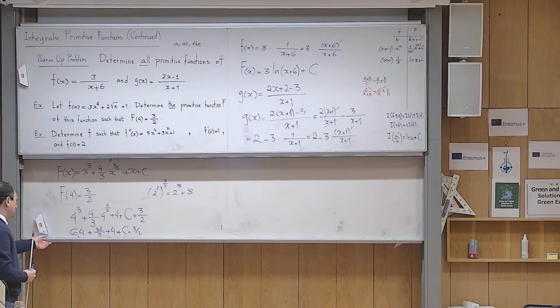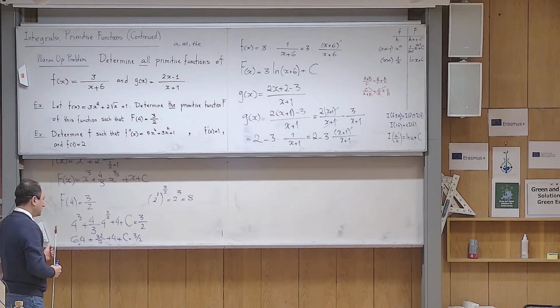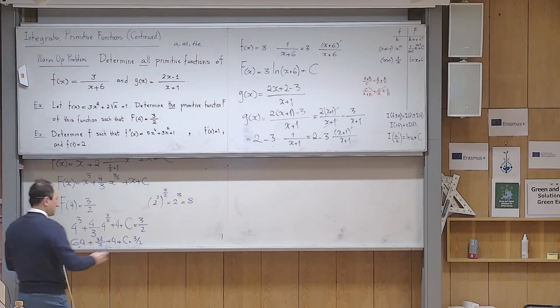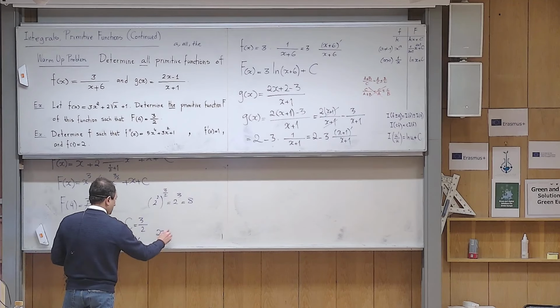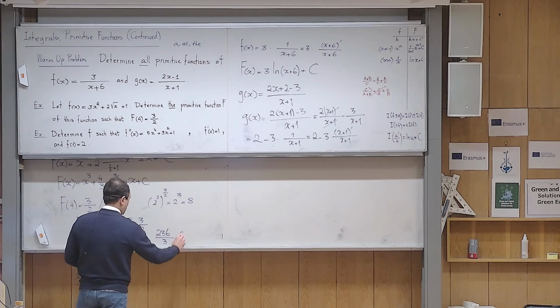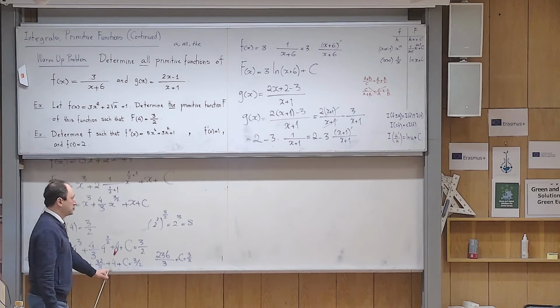Yes, it's a little bit annoying, but we have to do that, okay? So what should we do? I take the common denominator. 64 times 3 is how much? 192, and 12, 204. And this one is what? 236 over 3 plus c is equal to 3/2. So I move this number there, and then I simplify this.